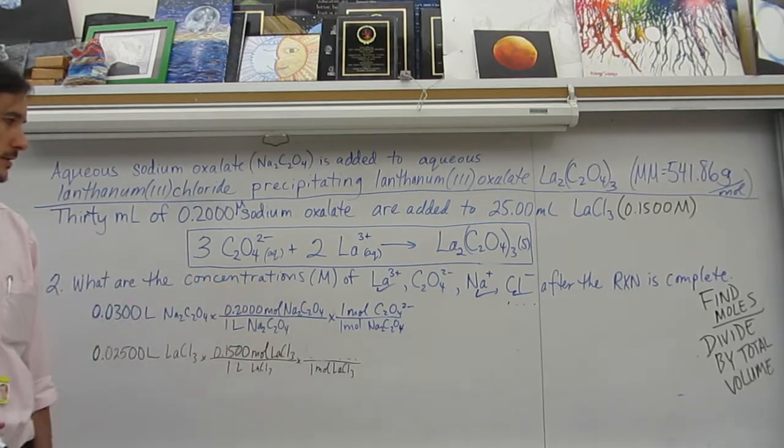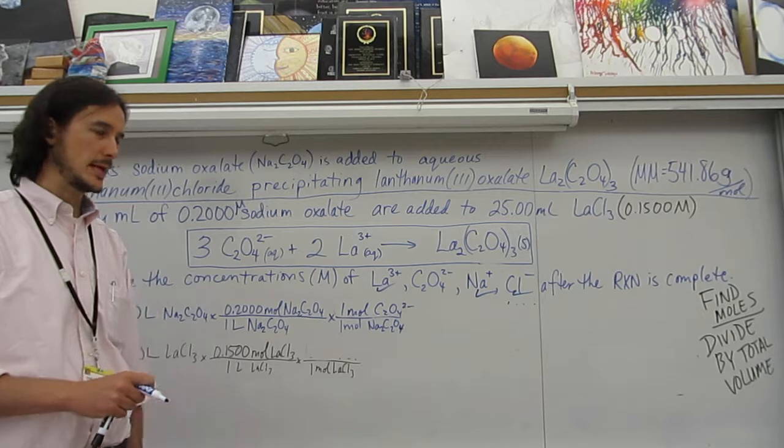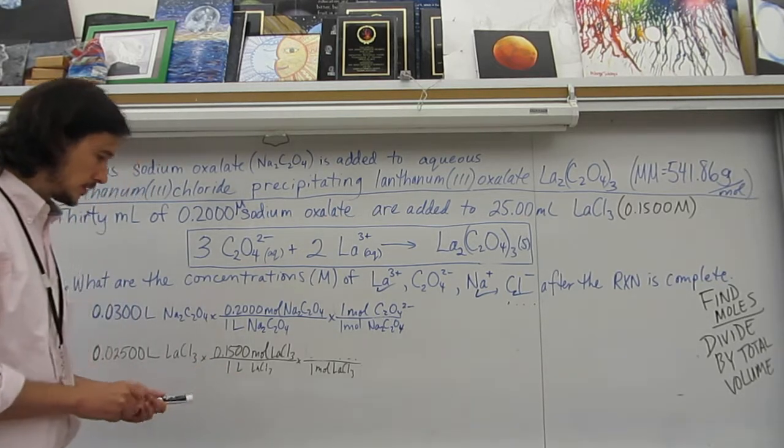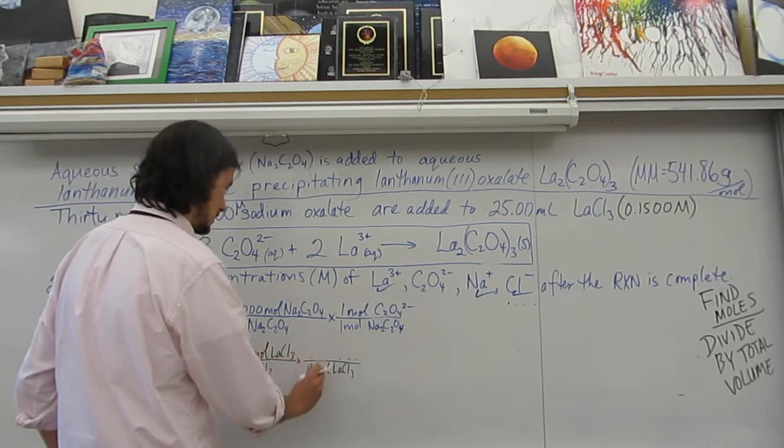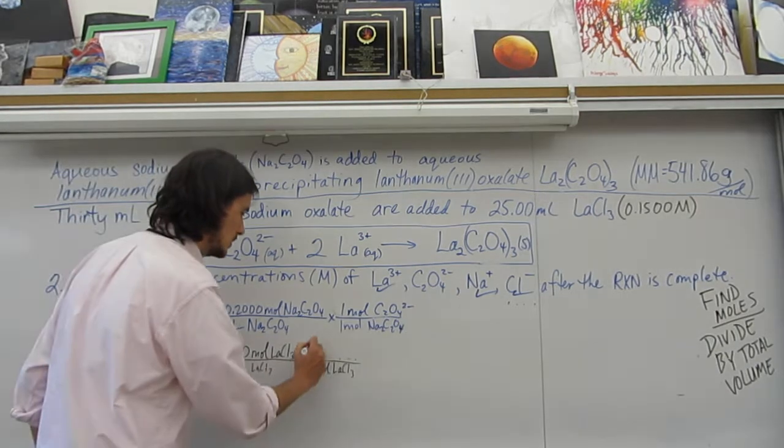So if I stop there, this is just the number of moles of oxalate that were present before the reaction. For the bottom, I have to change this. I have moles of lanthanum.